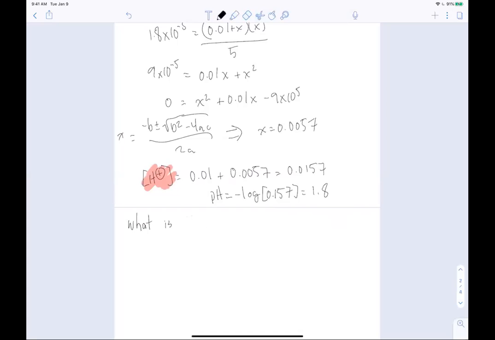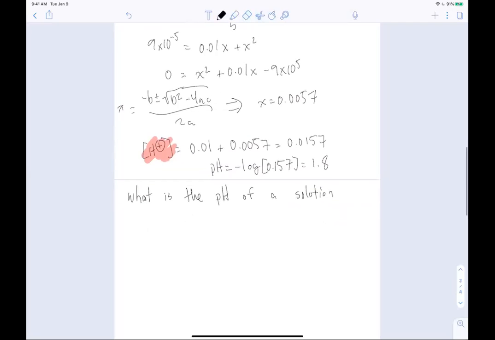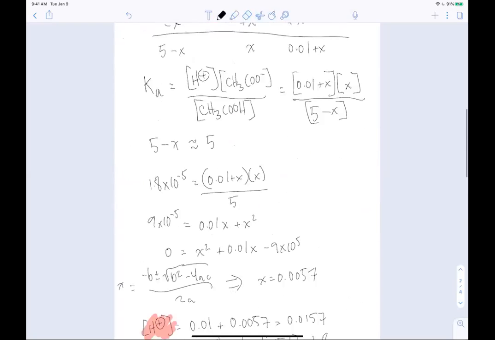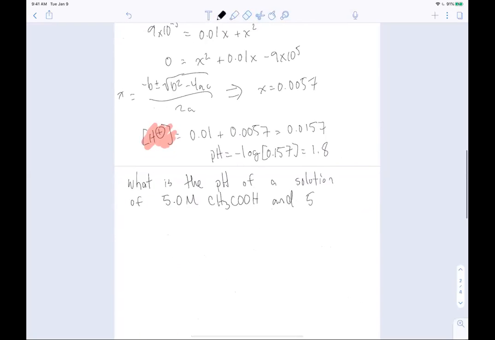We're going to look at the same kind of system where we're dealing with acetic acid. First, what is the pH of a solution of 5 molar acetic acid and 5 molar sodium acetate?